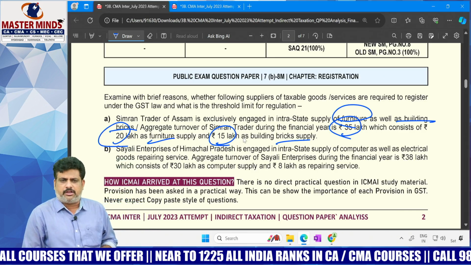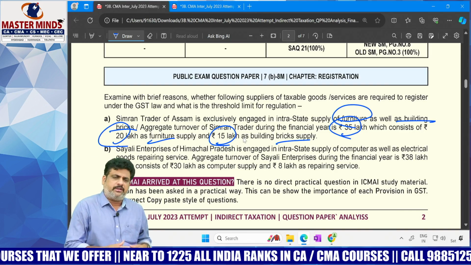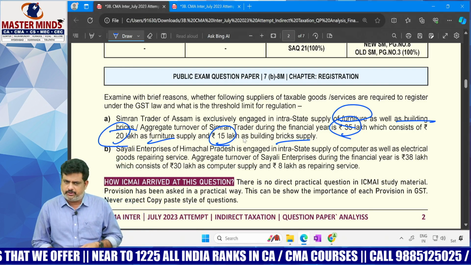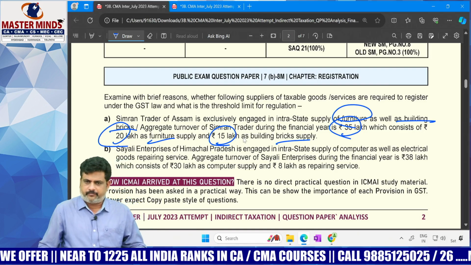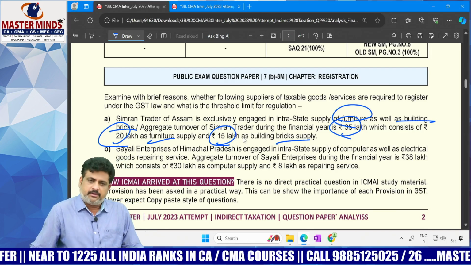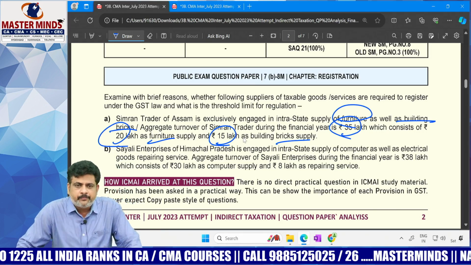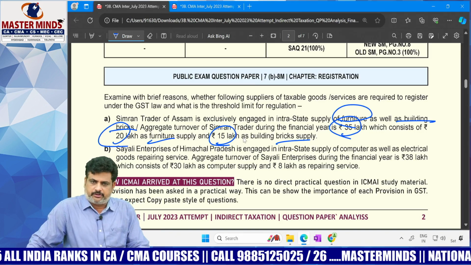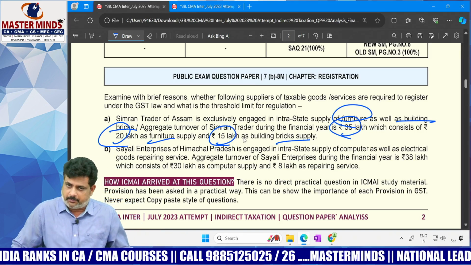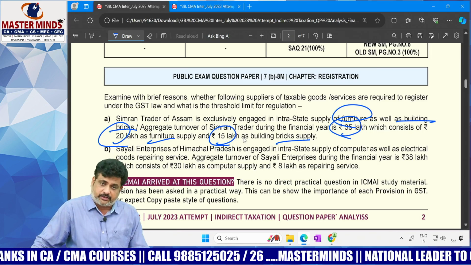Here, the total turnover is 35, which is more than the limit. In that case, what is the position? Yes, we are required to take the registration. Next one. Shaili Enterprises of Himachal Pradesh engaged in intrastate supply of computers as well as repair service.